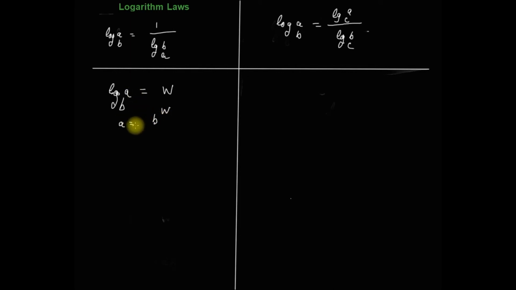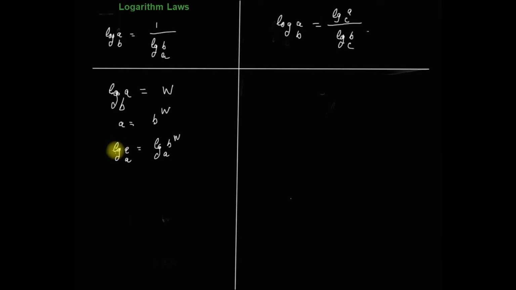Now, I'm going to take logs from both sides of this equation, but I will choose my base. So I will choose to take logs in base a. So I'll have log of a in base a is equal to log in base a of b to the power w.